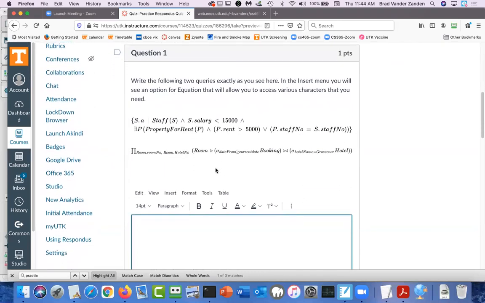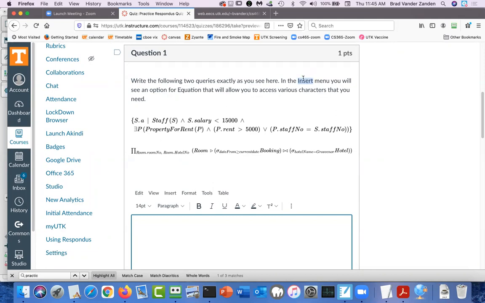Then I want you to get used to using the keyboard for doing relational calculus and relational algebra expressions. This is where you're free to use either the keyboard or a picture, one or the other. I think many of you will choose to use a picture, but you can use the equation editor.